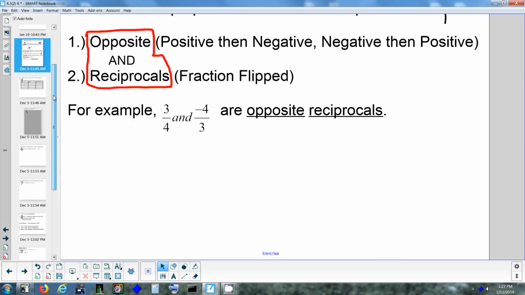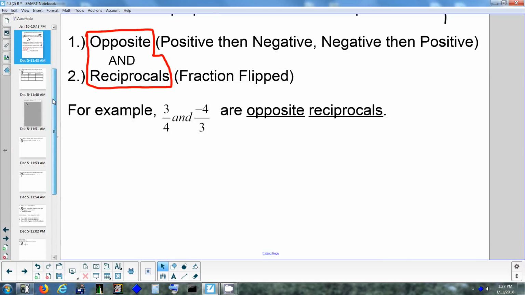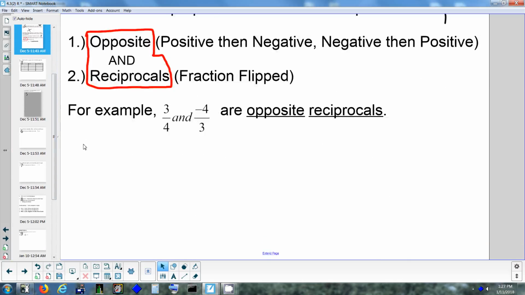Because this one's positive, this one's negative, and it's 3/4 and we flip the fraction. So in order for a line to be perpendicular, its slope has to be opposite, reciprocal. We talked about parallel, it just had to be the same. You just write the same number. For these 2 things, opposite, reciprocal.